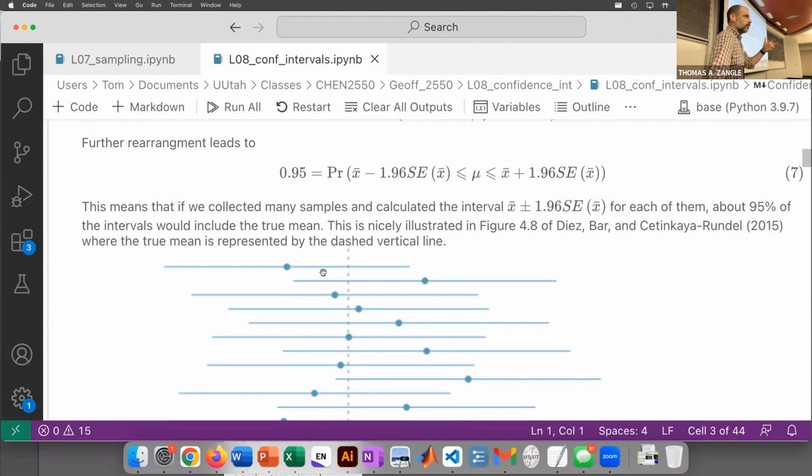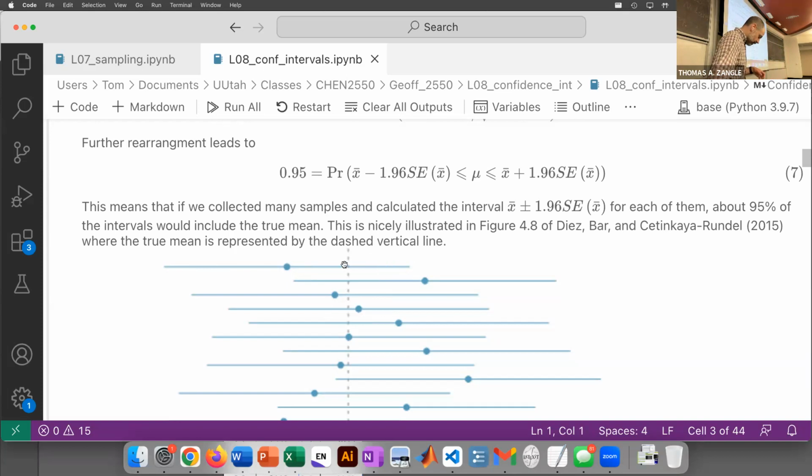So imagine we run this experiment, we ask 40 University of Utah students their height, because we want to know the overall average of the actual population. Let's say we know that the overall average is some value given by this dashed line. Now we take each one of those samples of 40, plot the mean as a dot, and plot the range using these range bars.